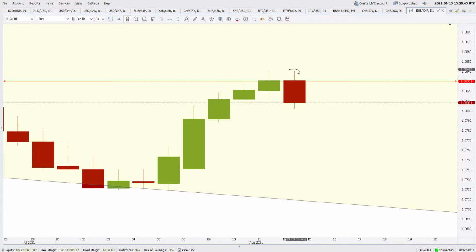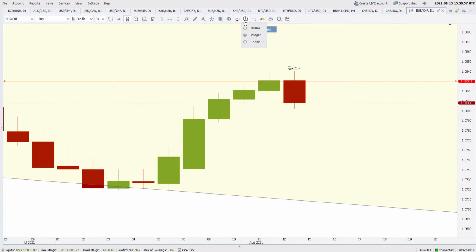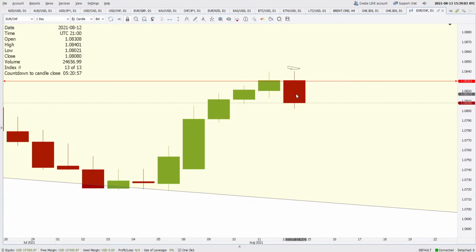Keep your stop loss around here at around 1.0840 levels maybe, because the high that the price has made is around 1.0840, so you can keep your stop loss like 1.0845 maybe in this market, okay?